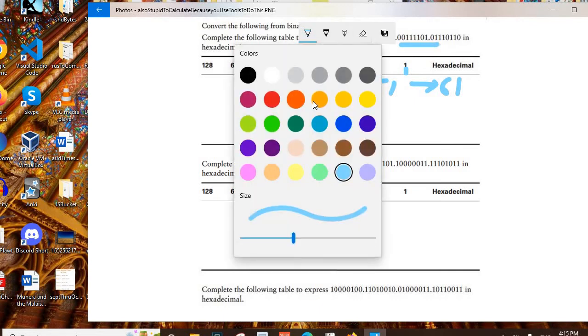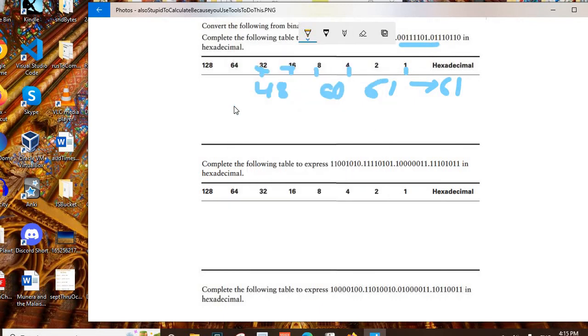Okay, next one. We're just doing another. Let's change color just so that we distinguish it. So I got 3 ones in a row here, then a 0, then 2 more ones, then a 0. Okay, so that would be 6 over here, and we already did that as 48. So let's put those together and we get 54.